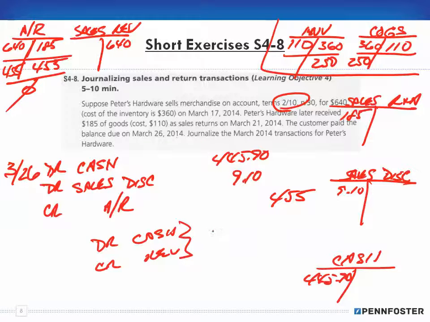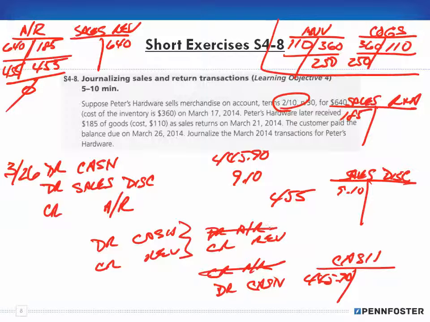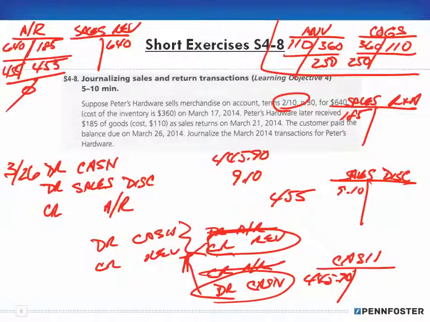But if we sell something on account, as an accounts receivable, we're going to debit the receivable and credit the revenue account, and then when they pay off the accounts receivable, we're going to credit the receivable and debit our cash. So our receivables wash each other out, and all we're left with is the debit to cash and credit to revenue, which is the exact same thing as if they paid for it in cash in the first place.